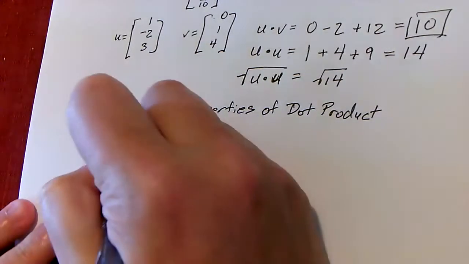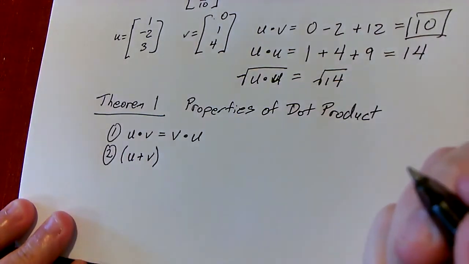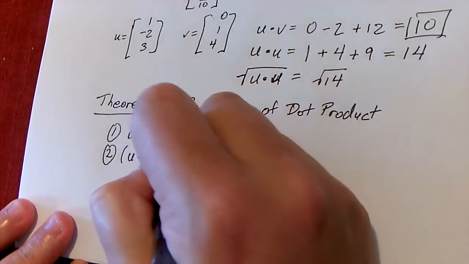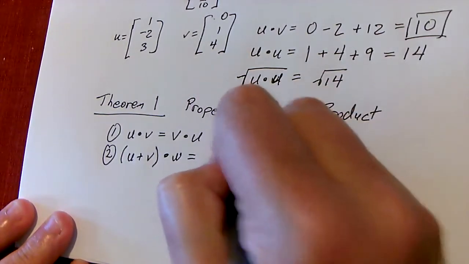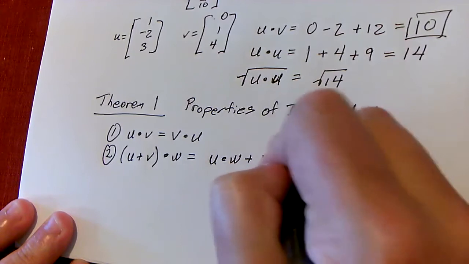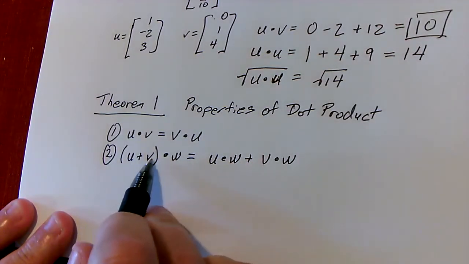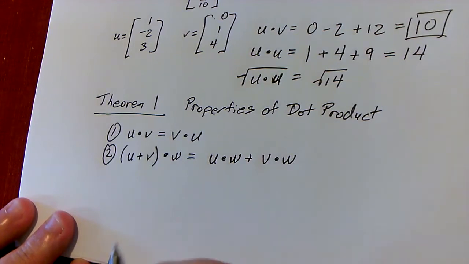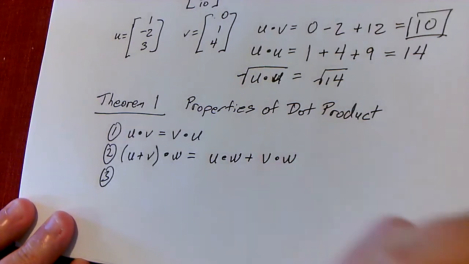They are also distributive. So U plus V dotted with W is the same thing as doing U dot W and then adding it to V dot W. So I just distributed that W, U dot W, V dot W. It is associative for scalar multiplication.